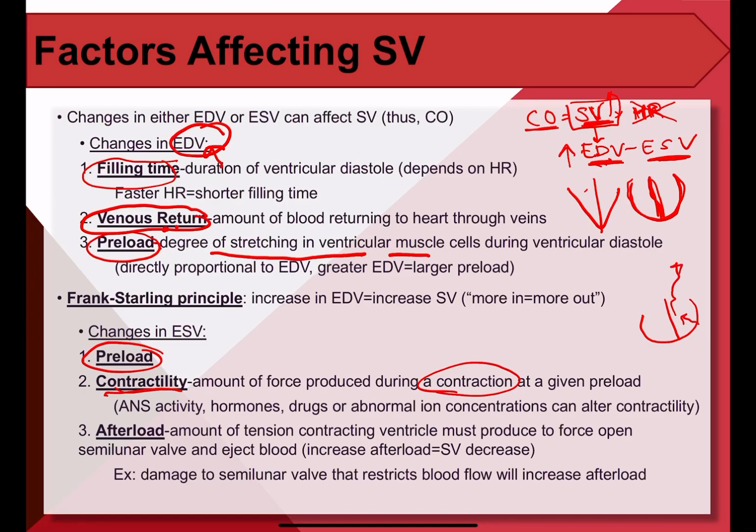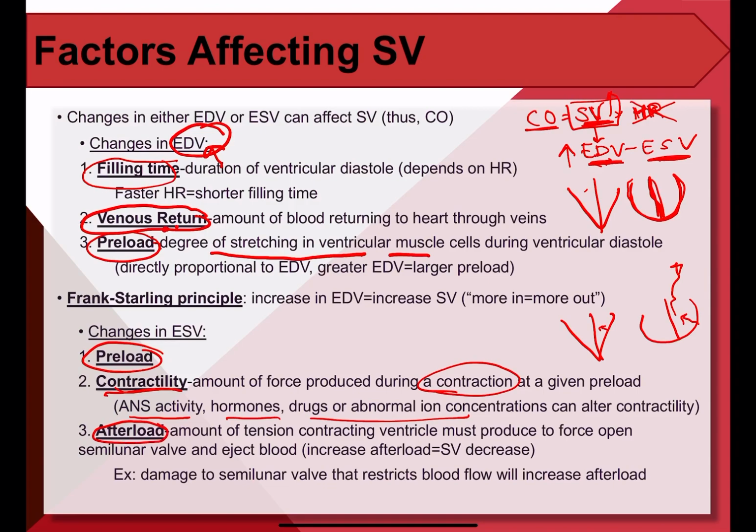But if you're like this to begin with, there's only so little room you can squeeze through. So contractility is related to your preload, but contractility has to do with how much you're able to push in order to push blood through your aorta. That can be affected by your autonomic nervous system activity, hormones, drugs, and abnormal ion concentration. Those can all alter your contractility.